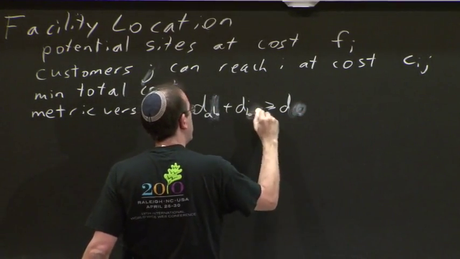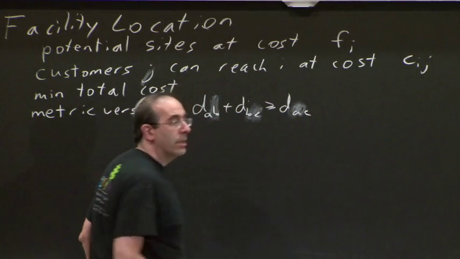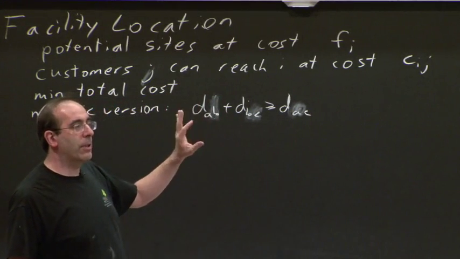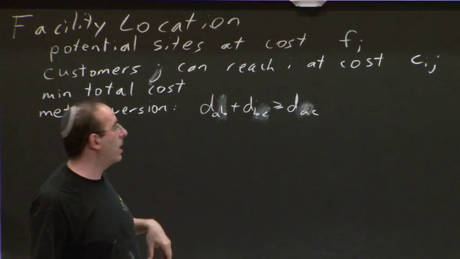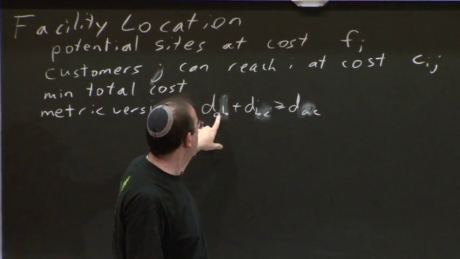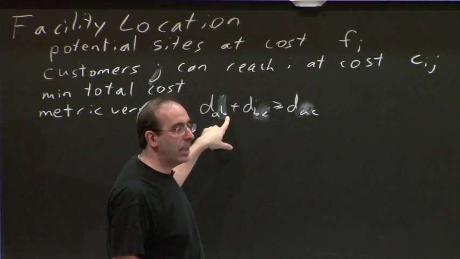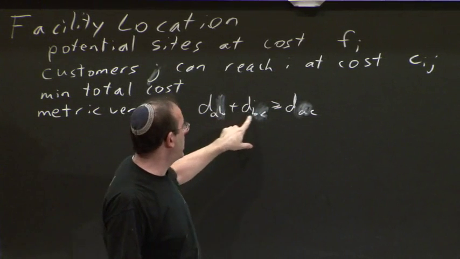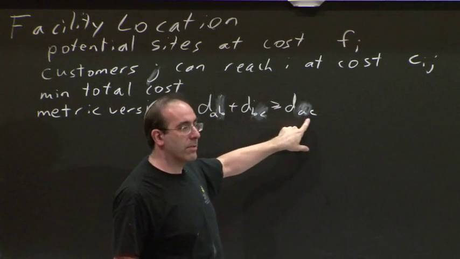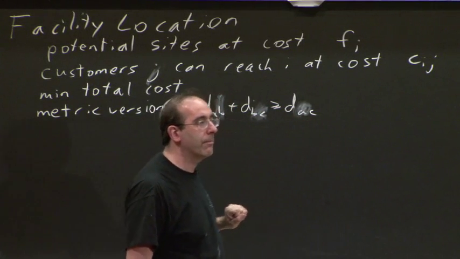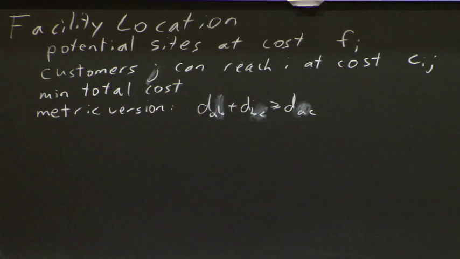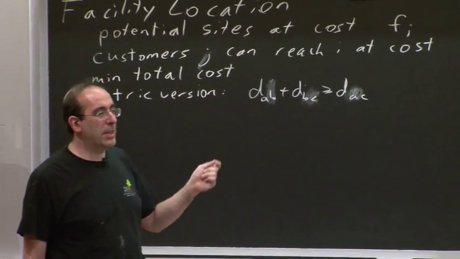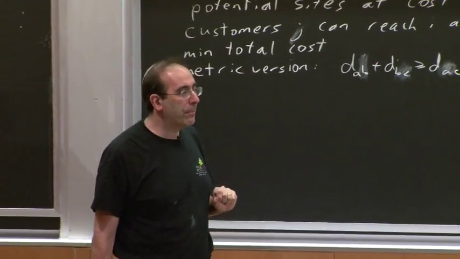So for whatever combination of clients and facilities you want to talk about, if there's a client A, his distance to a facility B, and then some other client C's distance to facility B, those together are greater than the distance from client A to client C. Okay? And vice versa for facilities. So if two facilities are both near a client, then they had better be near each other as well.